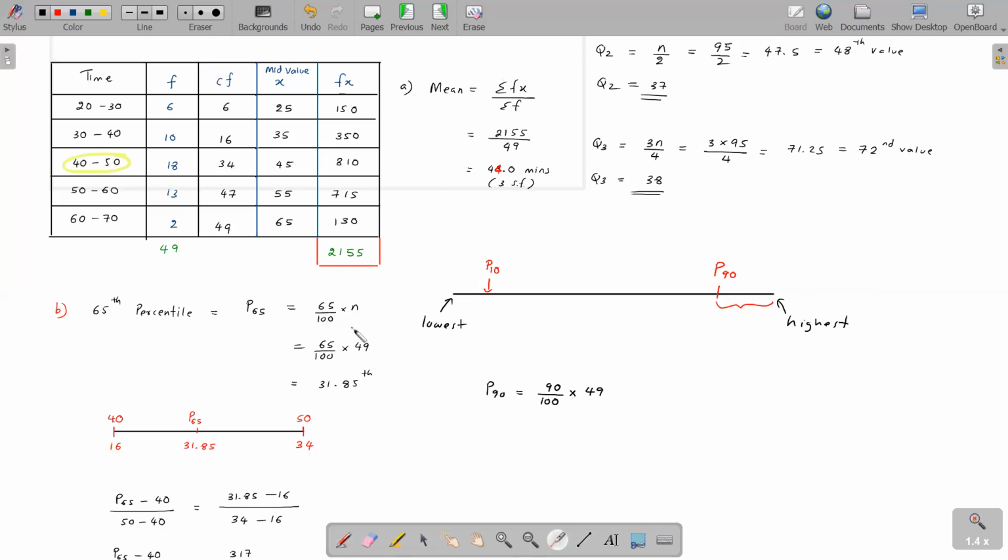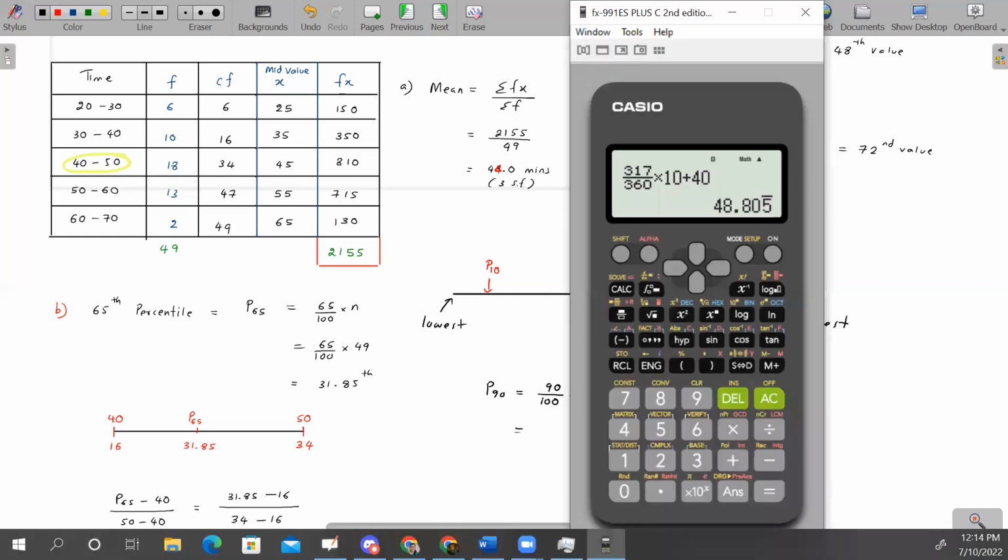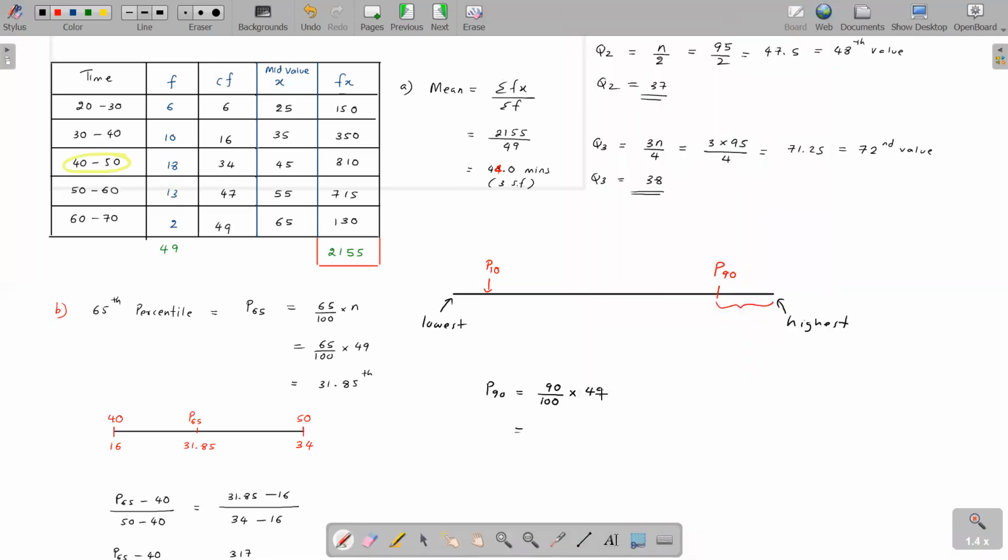The percentile equation is the percentage amount times our total frequency. So here it's 90% of our frequency. How much is it? 90% of 49, and yes, it's an exact figure, 44.1.